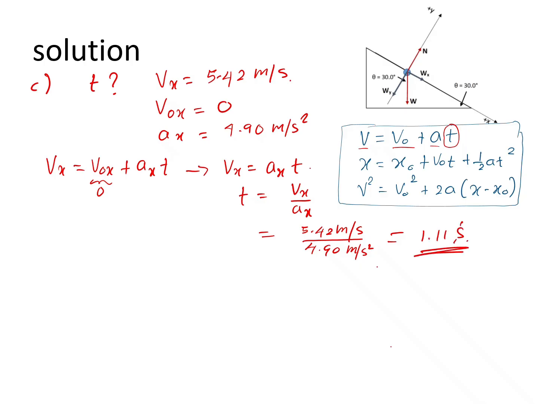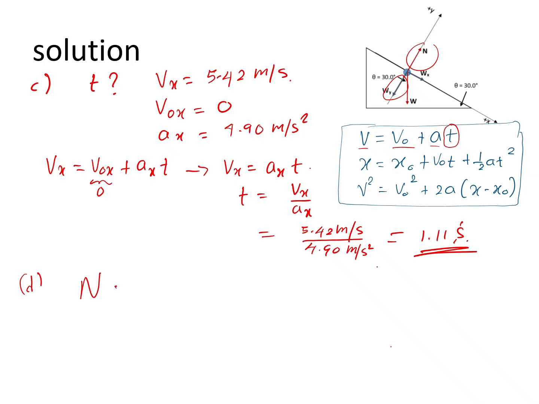1.11 seconds. And for part D, calculate the normal force acting on the rock. The mass of the rock is 5 kilograms. The normal force is equal to the y component of the weight force, because we do not have any motion in the y direction. So there's no acceleration, so there's no net force. That means the normal force is balanced by the y component of the weight force.